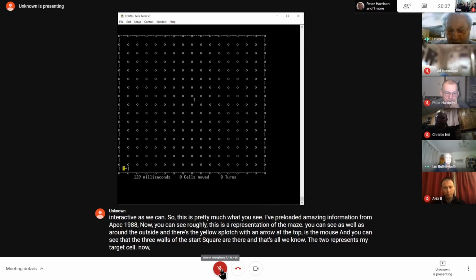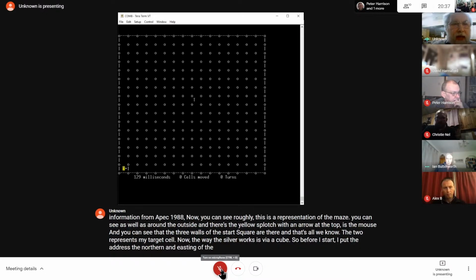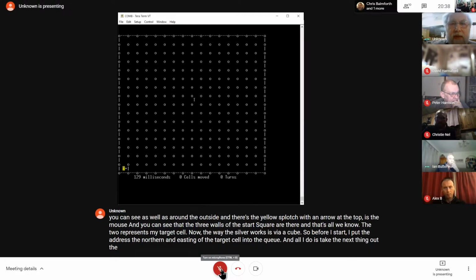Now the way the solver works is via a queue. Before I start, I put the address, the northing and easting of the target cell, into a queue. And all I do is take the next thing out of the queue and see whether the four walls next to that cell are present.